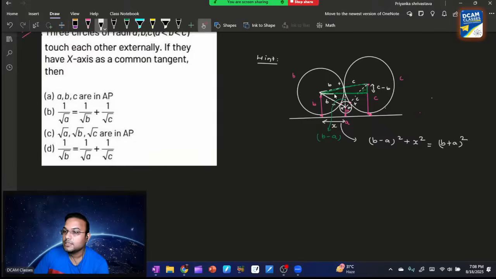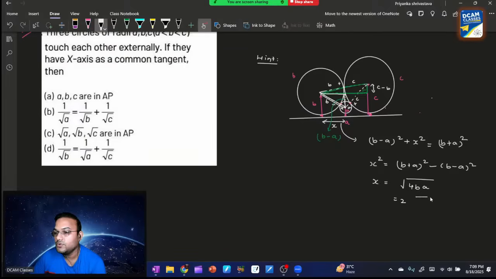This one, this and this. So X square we can find: X square is equal to B plus A whole square minus B minus A whole square. So X will be equal to root 4BA, meaning 2 root BA. Correct?